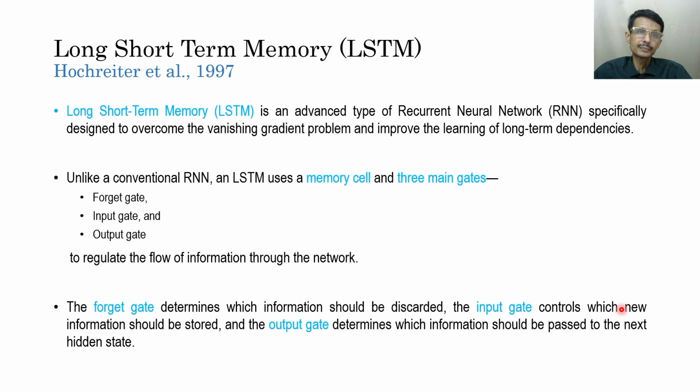Now we have understood the problem of simple RNN, that is basically the vanishing gradient, and due to vanishing gradient, long-distance context modeling is a problem for a simple or naive RNN. Now we are going to understand another architecture, an improved architecture over RNN, called long short-term memory, which was introduced in 1997 by Hochreiter et al.